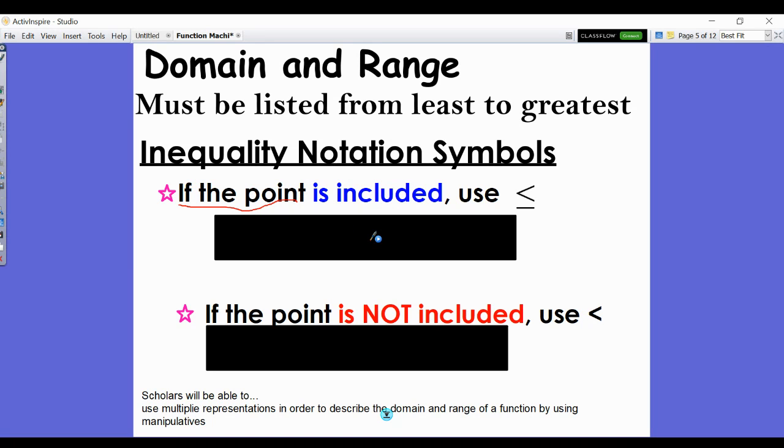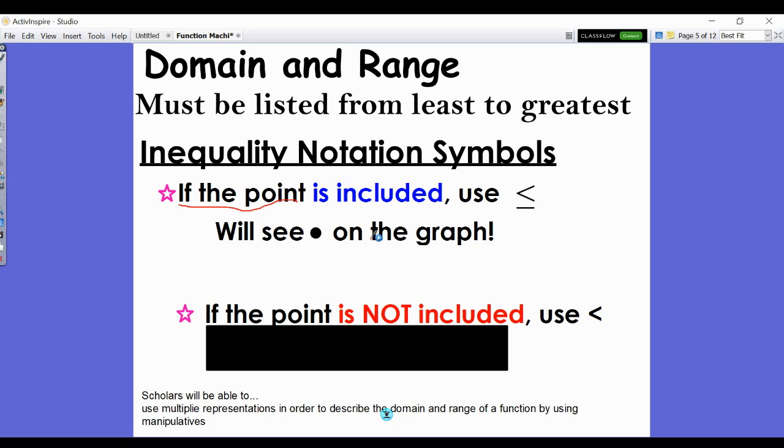The way you're going to be able to tell whether or not you should use the "or equal to" version of your symbol is if you see an actual point on the graph. If you don't see a point, you're looking for a solid line, but you're looking for something that says this space is closed off, it's filled in, it's colored in. That means I'm going to include this value for my domain or my range.